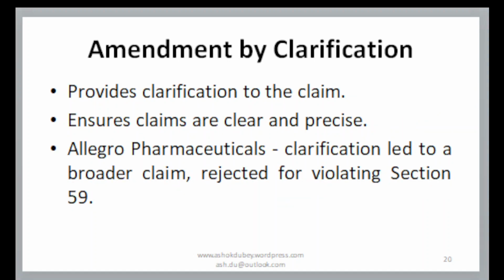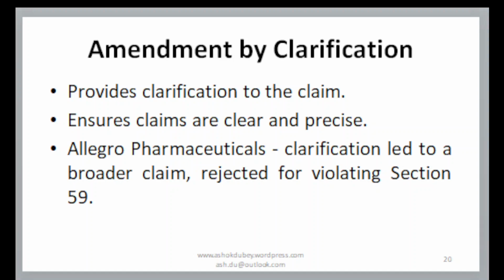by amendment. Then there is amendment by clarification. It provides clarification to the claim. Sometimes in computer related inventions, I have seen very good inventions. They don't provide clarity and they are objected to in FERs. It is important when you write claims for CRI, that is computer related inventions, that skills are required in that specific domain.